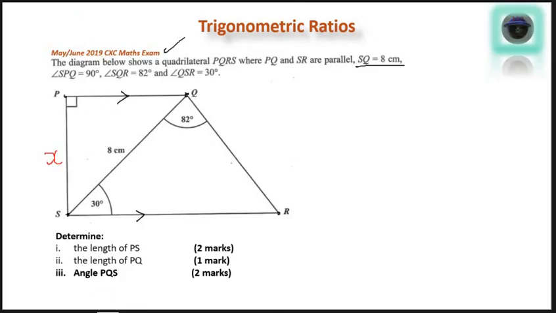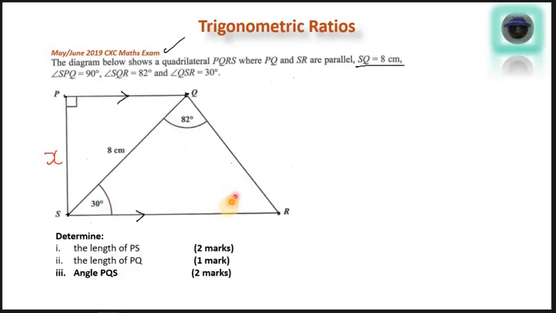Now, even if we look at these two angles and say, hey, we can find the third because this is triangle PSR or QRS, this triangle here has two angles, so we can find the third. We add 82 plus 30 degrees, and subtract the answer from 180, because we know the three angles should add up to 180.